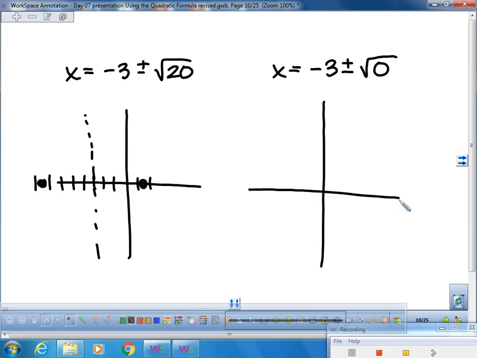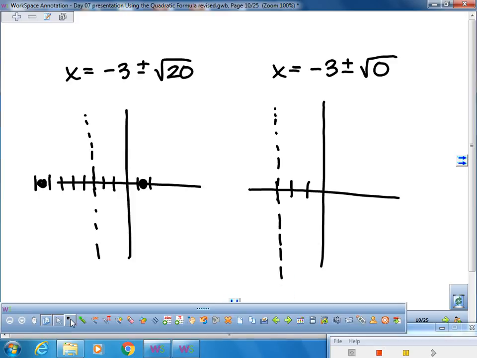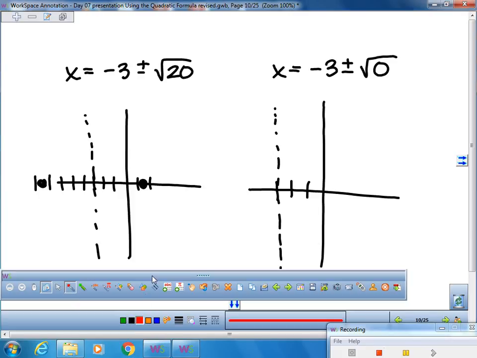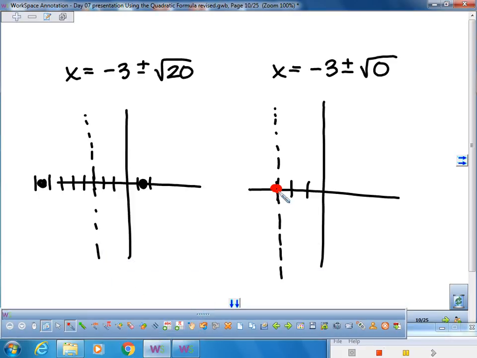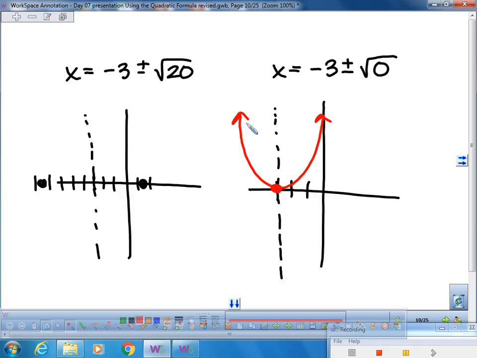I'm at negative 3 still, is my axis of symmetry, and what are my roots? I only have 1. It's right here. It skims, right? Only 1 root, because it's going to be at negative 3, but it's not going to go to the right or the left at all.